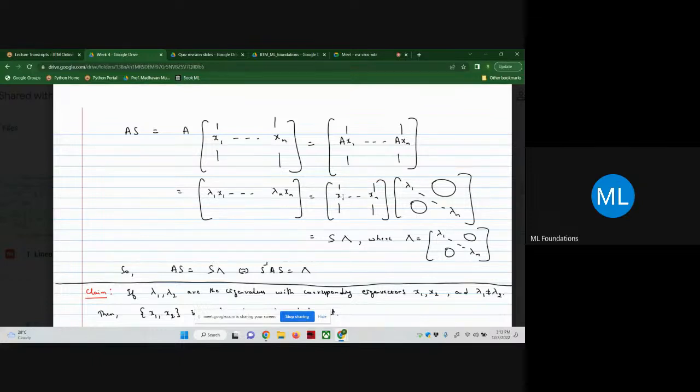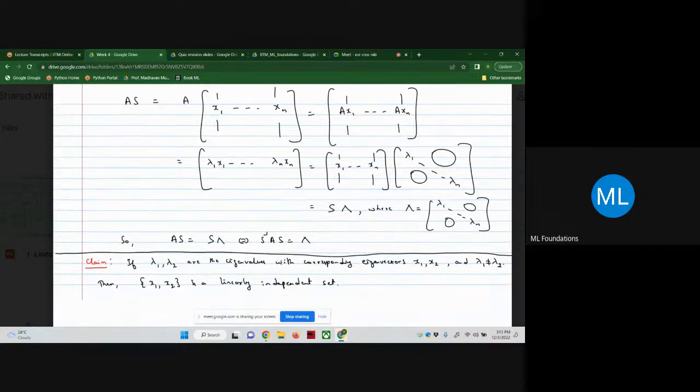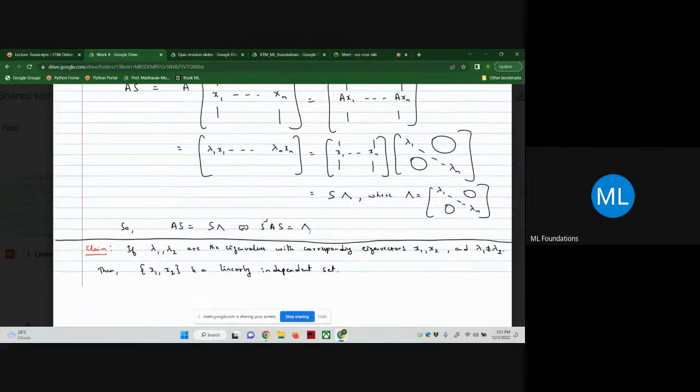So this can be rewritten as x1 to xn multiplied by a diagonal matrix whose diagonal elements are lambda 1 to lambda n. So basically A S equals S lambda, or S inverse A S equals this diagonal matrix. Is this clear?